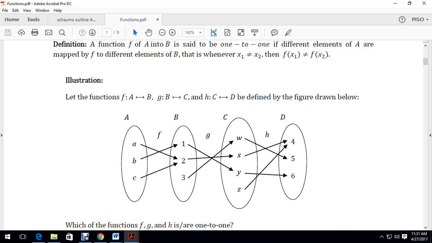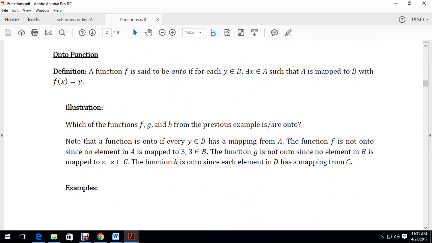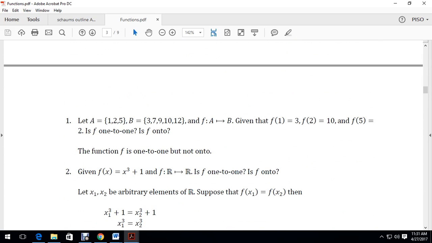Now, if you recall from the illustration, f there is not one-to-one since you have two mappings or two assignments from A towards the element 2 in B. Going back to the solution for the example, since you have an assignment of each element of A towards unique elements in B, therefore this function f, a mapping from A to B, is one-to-one.